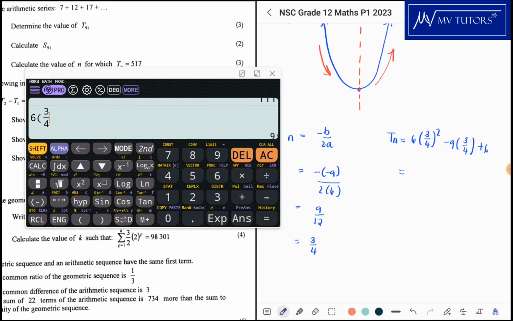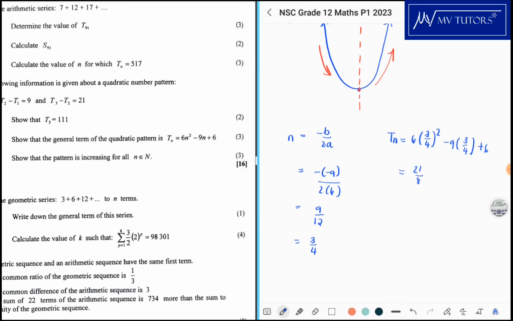So that's 6 times 3 over 4 squared minus 9 times 3 over 4 plus 6. We have 21 over 8, and I'm going to stick to fractions here, which is simply 2.625. So what do I do with that information? That is our turning point. We have 3 over 4 and we have 21 over 8. That is our turning point.